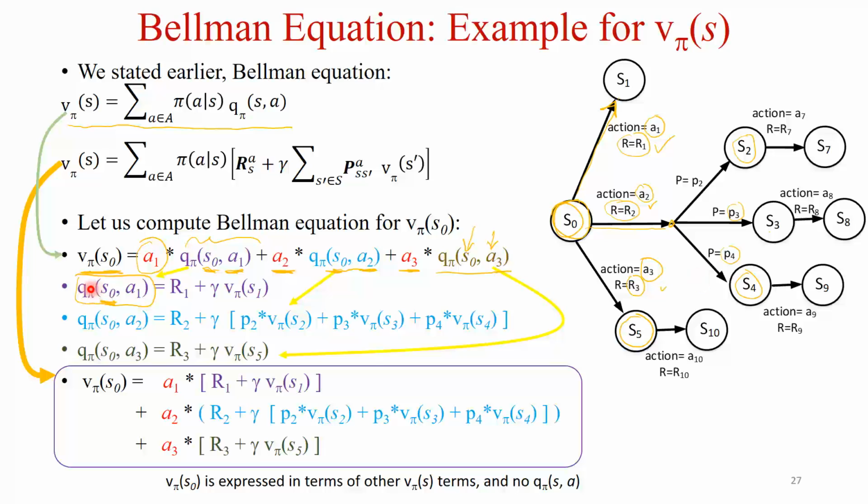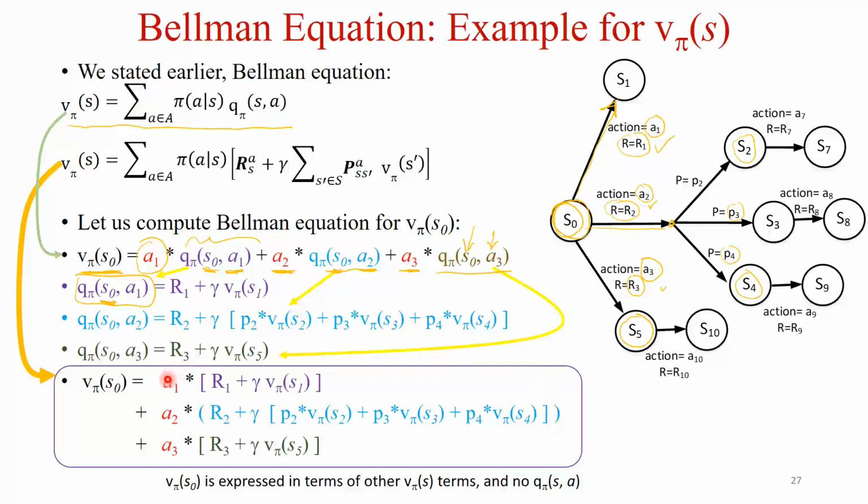Now I can take these expansions of the action value functions and plug them into the original one. Then I can say that the state value function for S0 equals this entire expression.